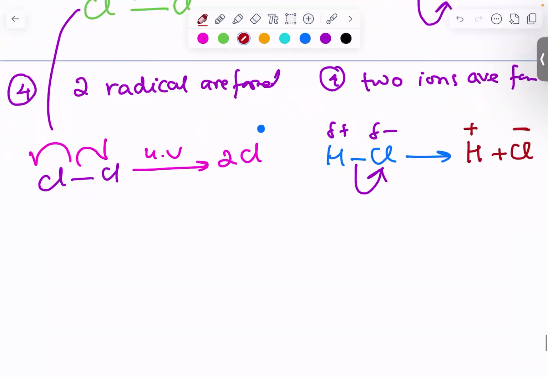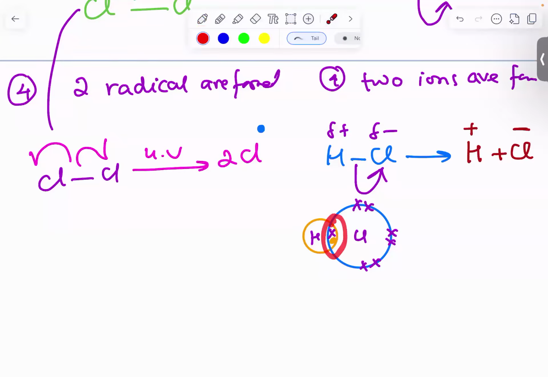It means that the shared pair of electrons, if I draw the diagram, would be H and Cl. So that would be HCl, with 1, 2, 3, 4, 5, 6, 7 electrons on chlorine, and hydrogen is going to bring its electron here. When this bond breaks, both these electrons will be taken up by the chloride ion.